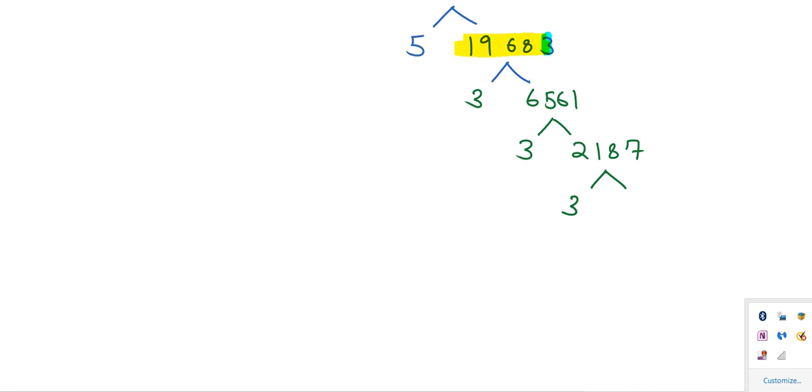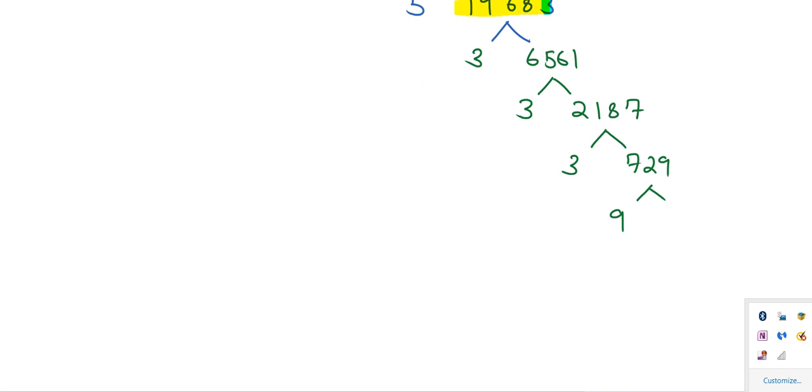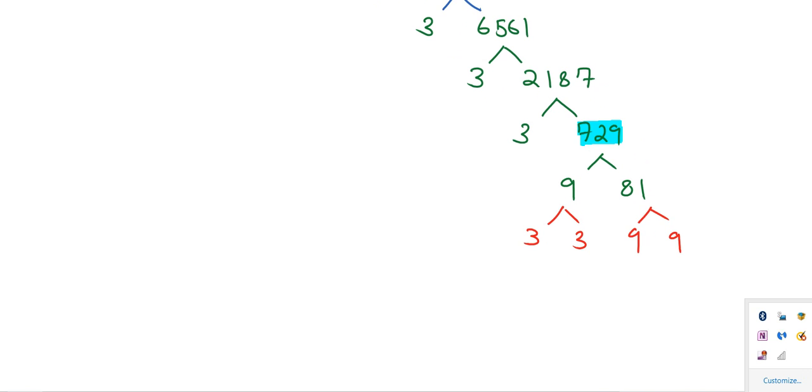I remember we did this in the lesson, but we didn't break this down any further because there wasn't a whole lot of room. So 9 times 81 will give you 729, and then you break that down to 3 and 3. 81 is 9 and 9, 9 times 9 is 81, and each 9 is 3 and 3.